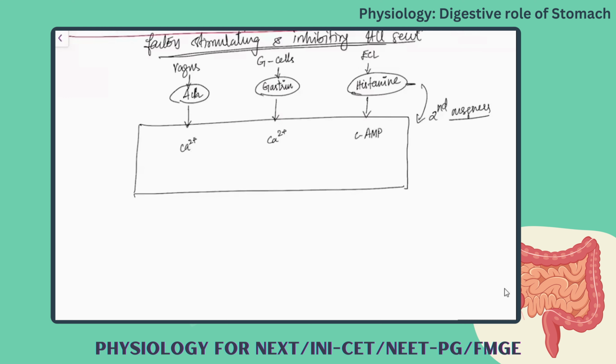Finally, all these three do their function by activating protein kinase, and this protein kinase is involved in the stimulation or inhibition of the potassium H plus exchanger.